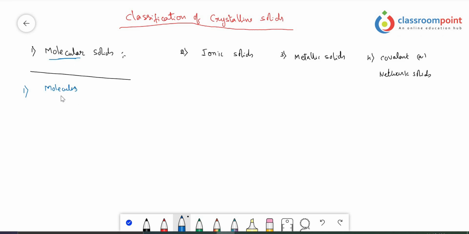And molecules are not all of the same category. They have different types of molecules. So based on the nature of the molecule, these molecular solids are again classified into three categories.